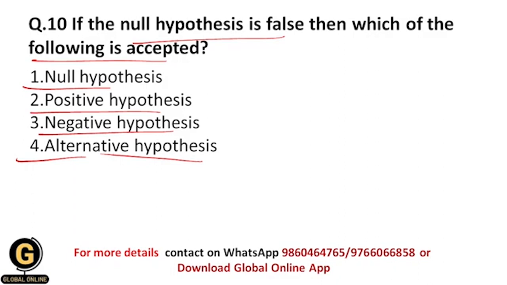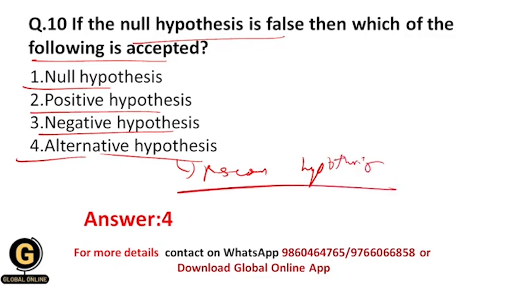So obviously, students, whenever we reject the null hypothesis because it is false, then in that situation we are going to accept the alternative hypothesis, which is also called the research hypothesis, right? That I have told you earlier in this video. That's why your correct answer should be 4, that is the alternative hypothesis.